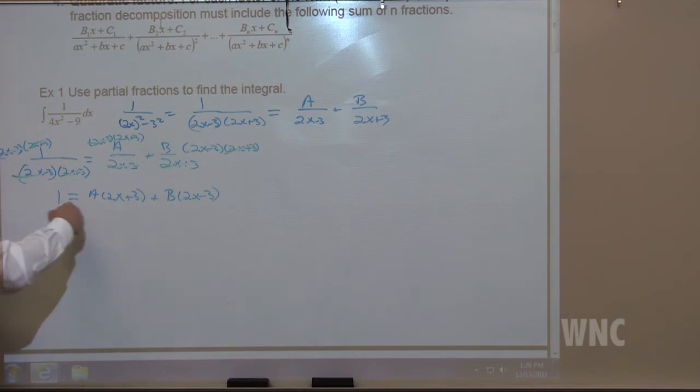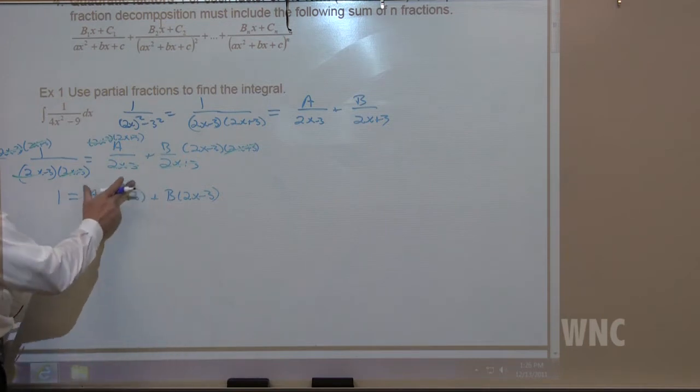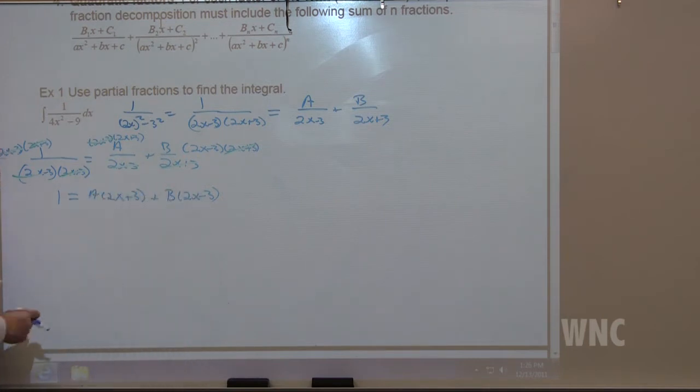Now you can distribute through a couple of approaches at this point. You could put in certain values to make this term 0 and so on. So for example, or we can distribute through and solve a system of equations.